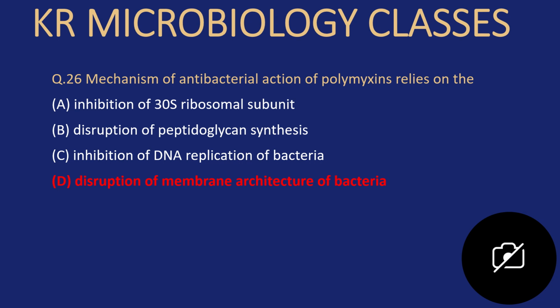Whenever you are preparing for exams, you must understand different kinds of antibacterial materials, toxins or antibiotics, and on which part they specially act. In this case, polymyxins act on the lipopolysaccharides, especially lipid A, and increase the permeability of the cell wall of gram negative bacteria. So the correct answer is the disruption of the membrane architecture of the bacteria.